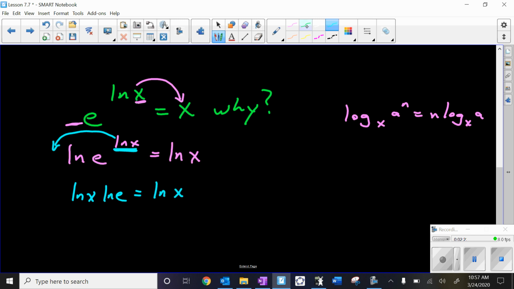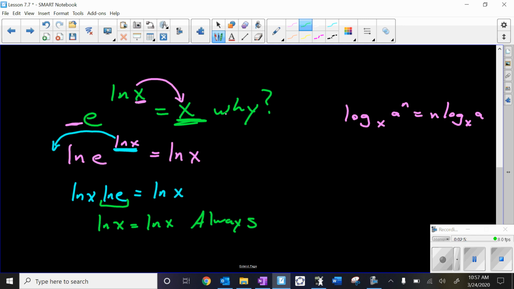And before we said that the natural log of e was just a value of 1, so now I have natural log of x times 1 equals natural log of x. Anything times 1 is itself, so natural log of x equals natural log of x. When is that true? Well, that is always true. And the only way to make that always true is to say that it is equal to the value of x up at the top.